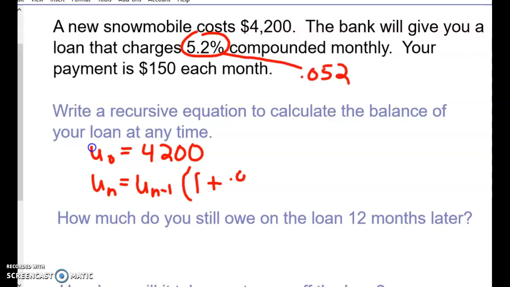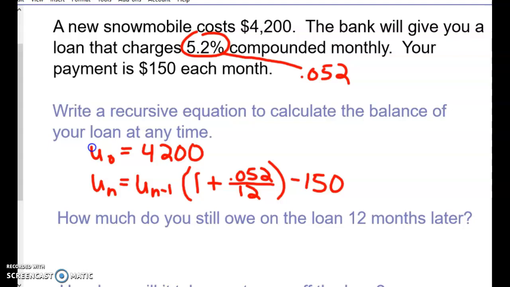I can do that within this equation. I can either calculate it ahead of time, 0.052 divided by 12, and add it on to 1, or I can just put it right into the equation. And then we're paying off 150, so we're subtracting 150 each month.